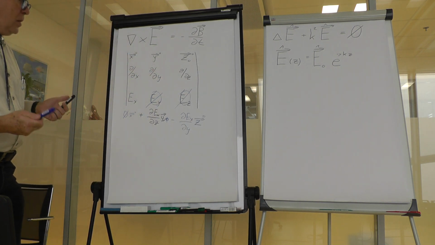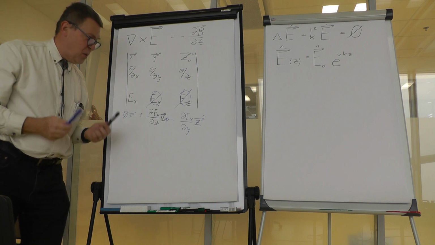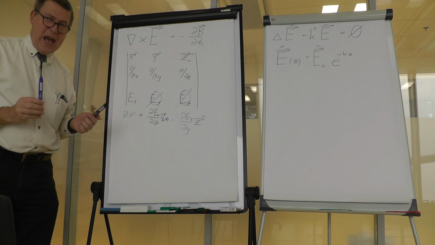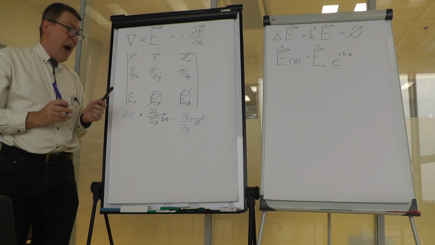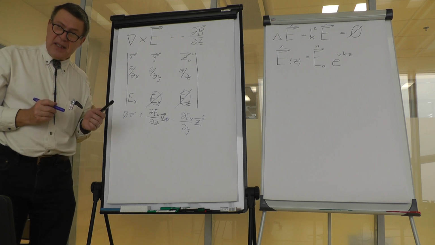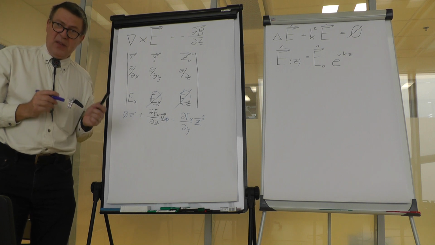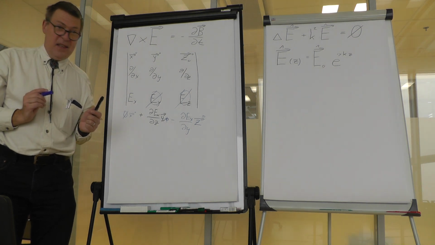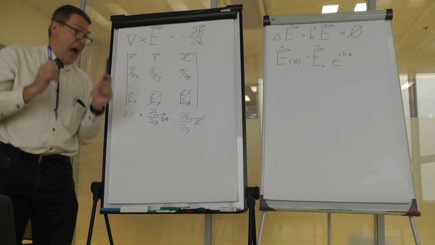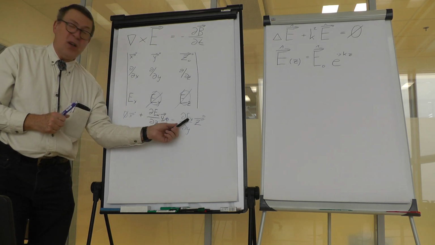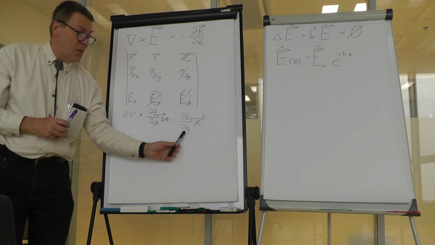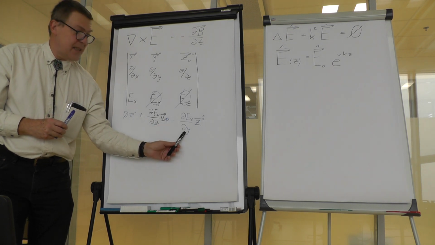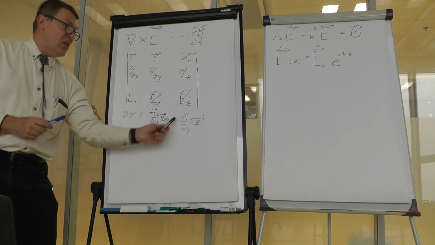But now, look, we have started to examine a plane wave. And a plane wave was defined in the manner that its components only depend on the z coordinate. So we have a non-zero Ex component, but it's constant when you move around the y-axis. So this is again 0.